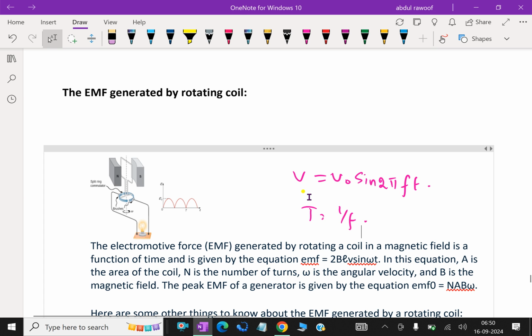That is, V0 is the amplitude, the maximum value of the voltage in volts, and omega equals 2 pi f.